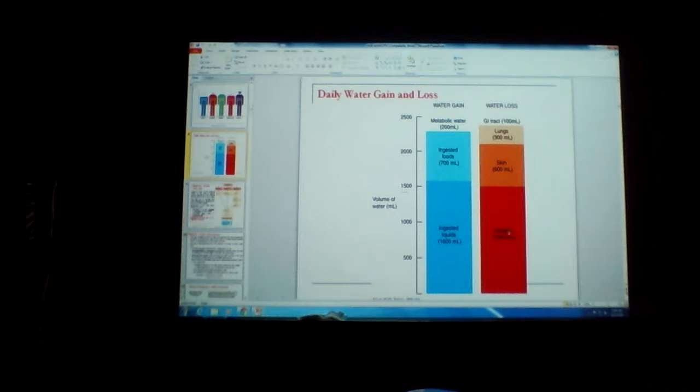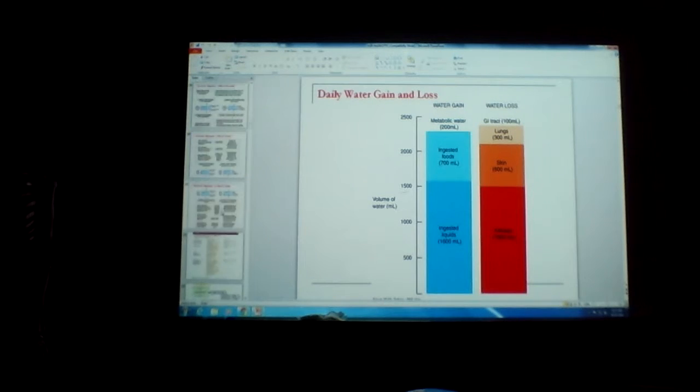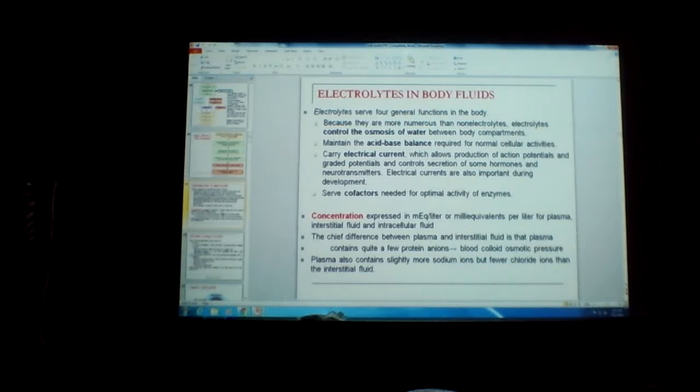So it makes sense that the target of your nervous system and your endocrine system will be this one. This is the one that can very quickly help us. Okay, you have any questions on water? No questions.